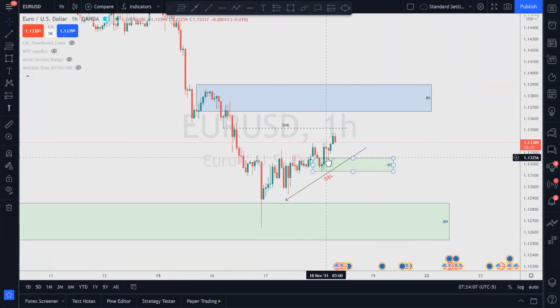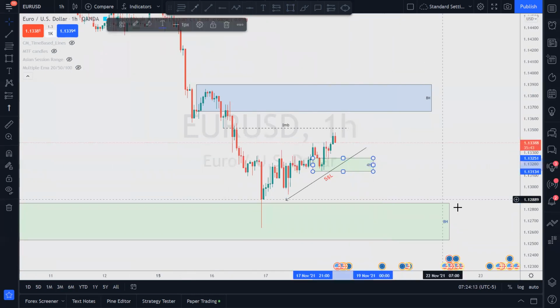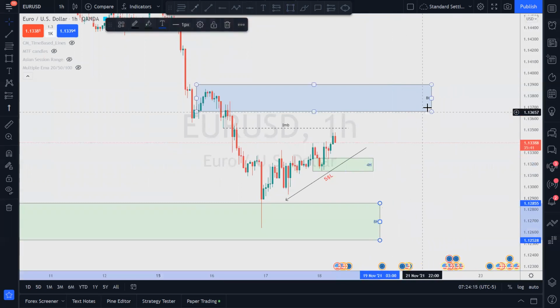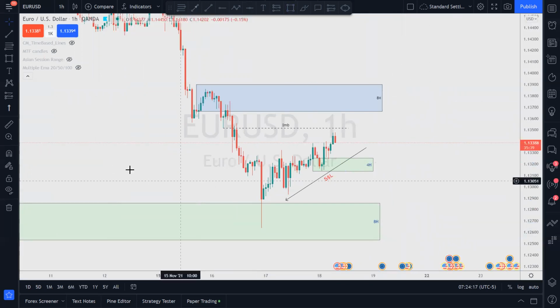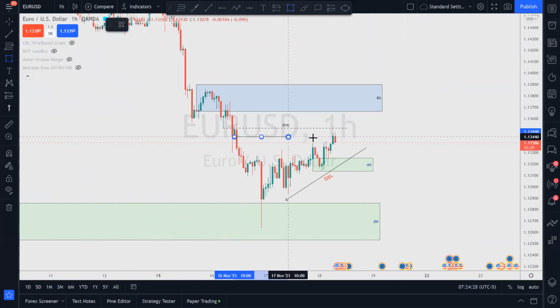We see that price had a reaction off of this area already. So it mitigated this order block, and that's something we want to make sure we make a note of, right? Now we have some bearish order block forming here, and we are in supply right now, right at this inefficiency.